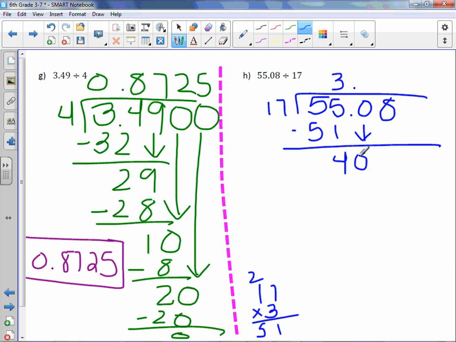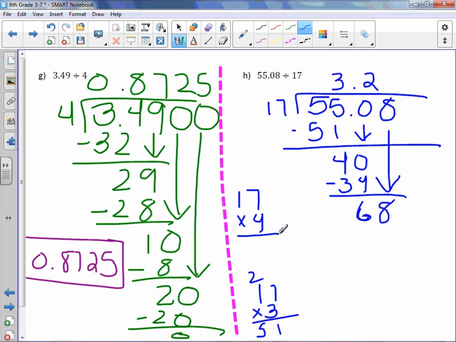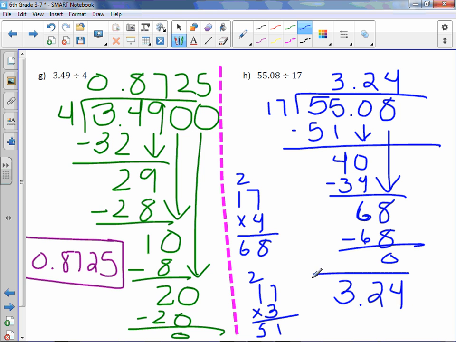Bring down the 0. 17 goes into 40 twice, which is 34. Subtract and get 6. Bring down the 8. 17 into 68. Let's try 4. That's 28. 4, 5, 6. Looks like exactly 4 times. So our quotient is 3 and 24 hundredths, or 3.24.